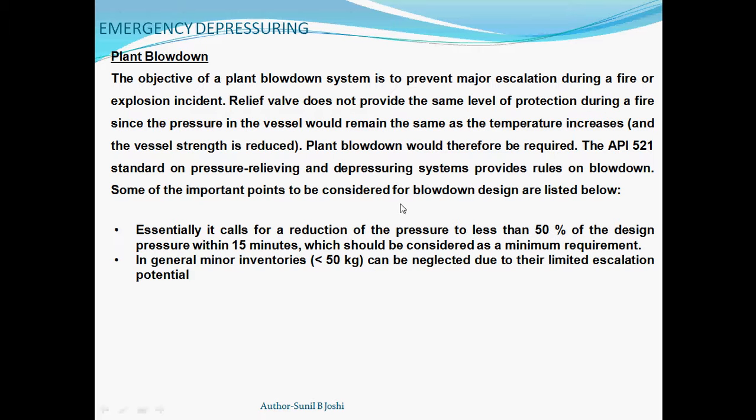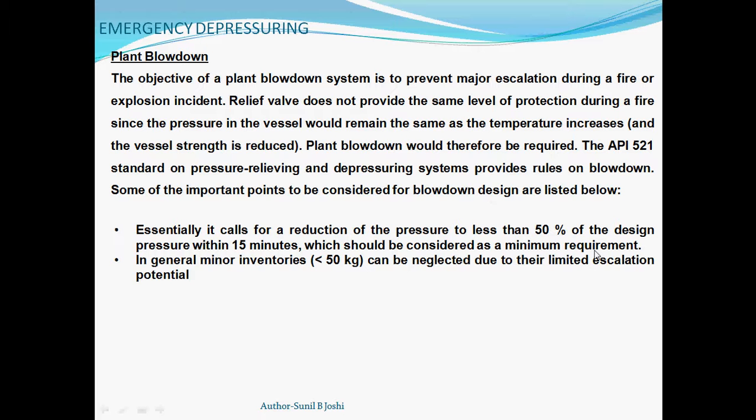Some of the important points to be considered for blowdown designs are listed below. So essentially it calls for a reduction of pressure to less than 50% of the design pressure within 15 minutes, which should be considered as the minimum requirement. So let's say your equipment is designed for 100 bar, and a plant ESD situation has come.